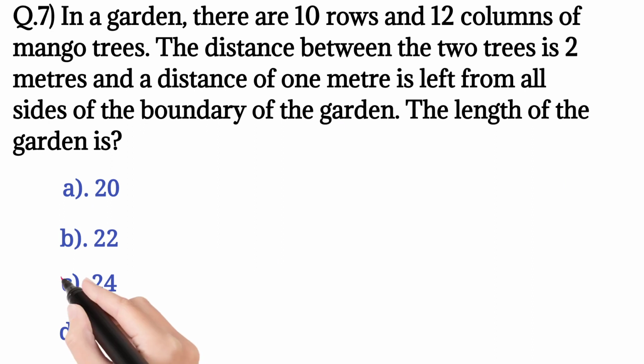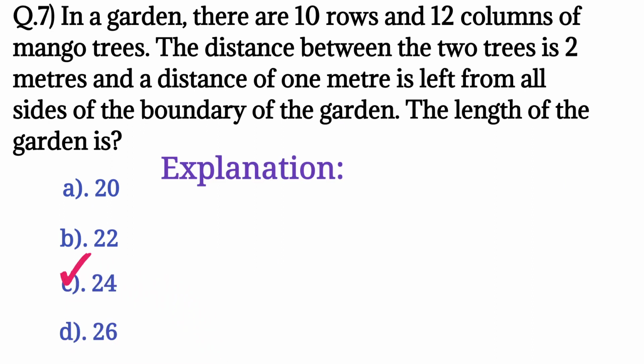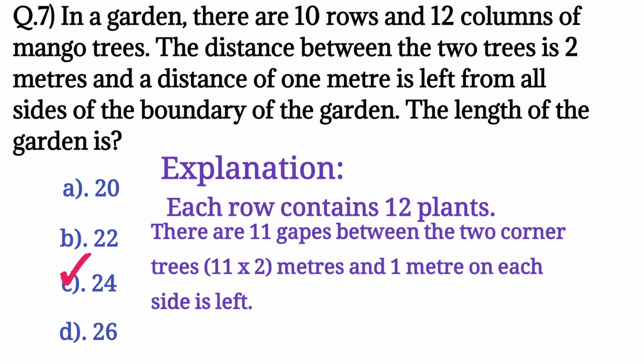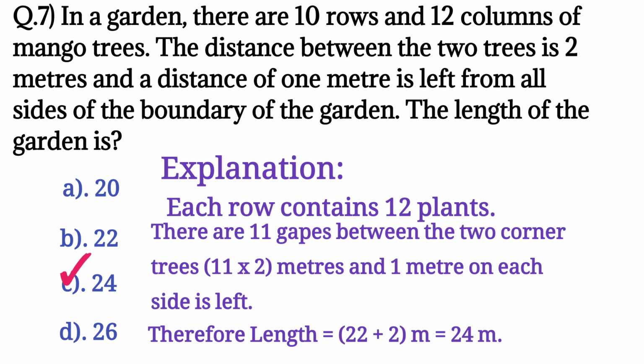The right option is option C, 24. Each row contains 12 plants. There are 11 gaps between the two corner trees. 11 cross 2 meters and 1 meter on each side is left. Therefore, length is equal to 22 plus 2 meters is equal to 24 meters.